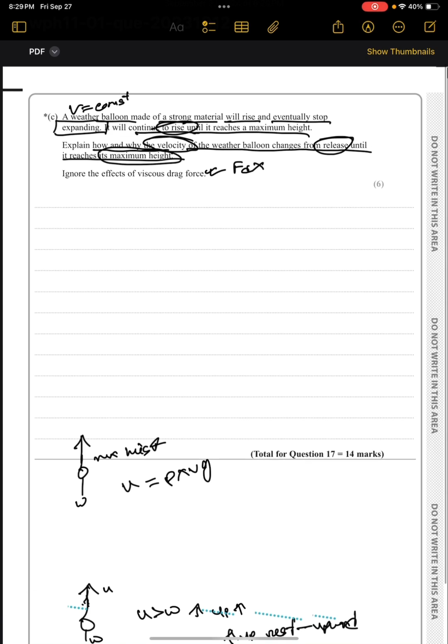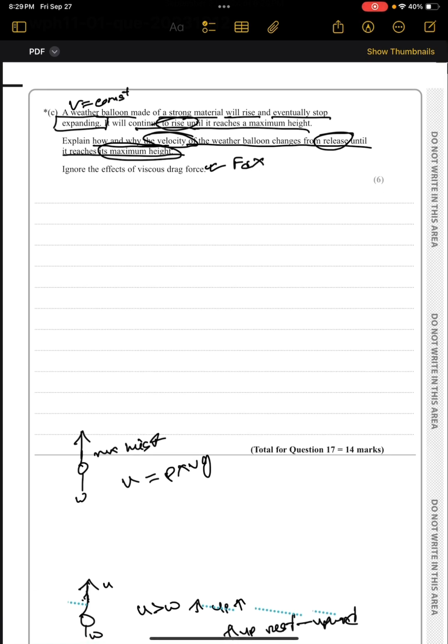In the question they have said the strong material will rise and eventually stop expanding, and will continue to rise to its maximum height. So the volume stops expanding. So we can say the volume becomes constant and the gravity is also constant. And the density decreases as the height is increased.